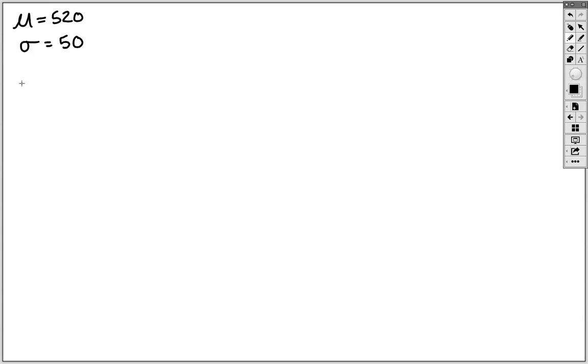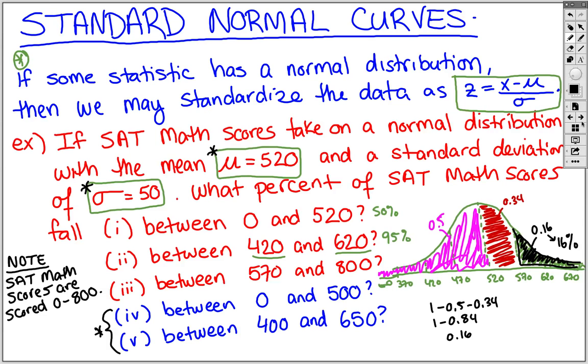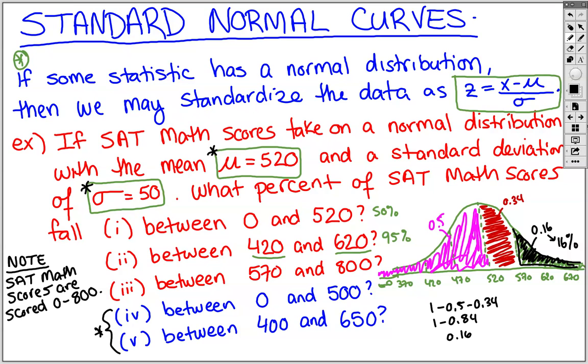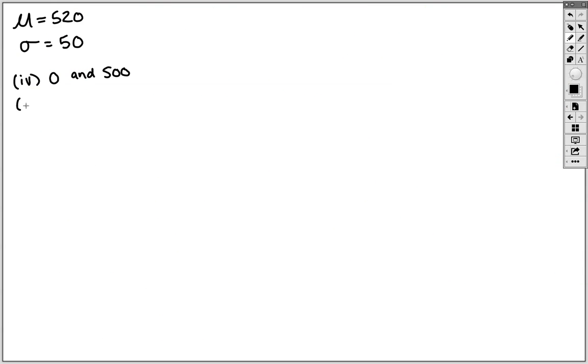We want to find the percentage of data between 0 and 500, and between 400 and 650.